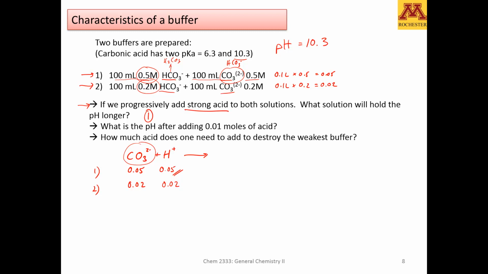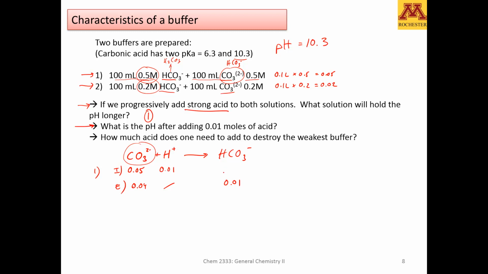Now, the second question is, what is the pH after adding 0.01 moles of acid? I will first calculate for the first one. We have added 0.01 moles of acid. At the end, the base is the limiting reagent, so you have 0.04 moles of base left, and 0.01 converted into acid.